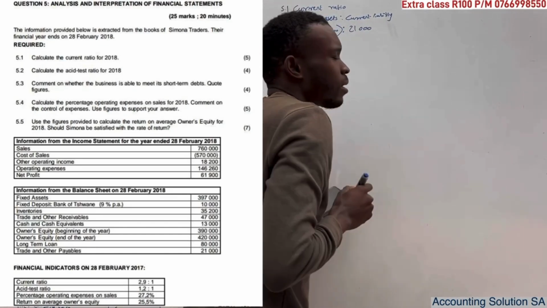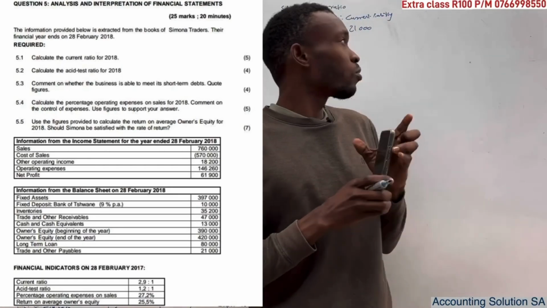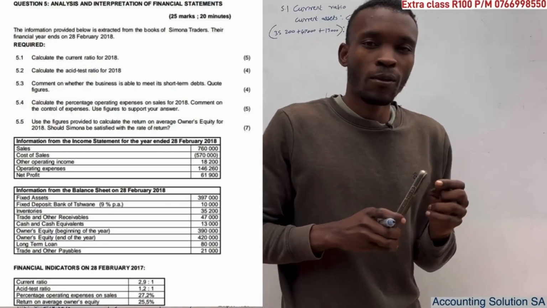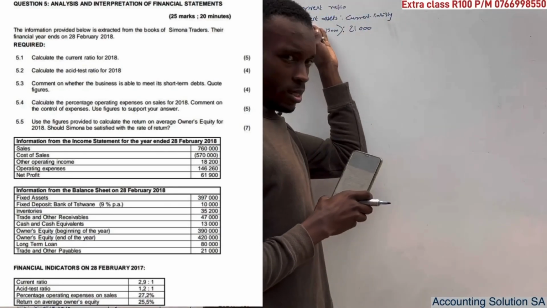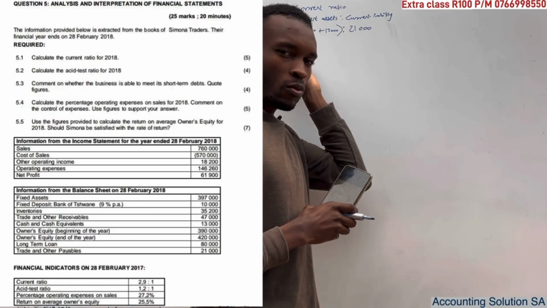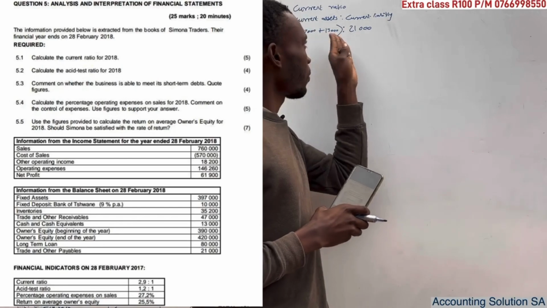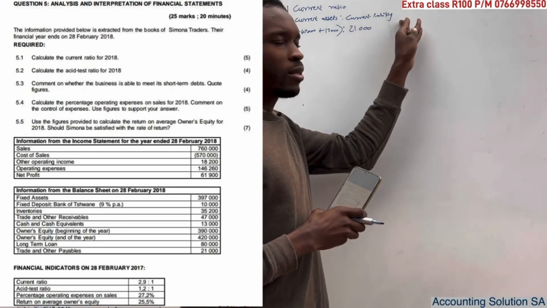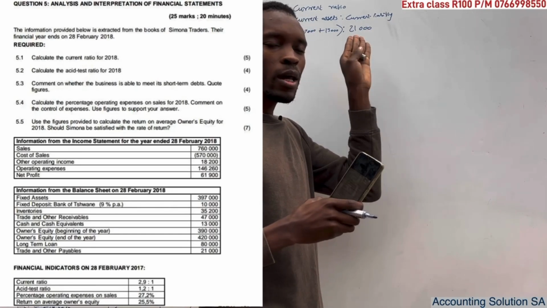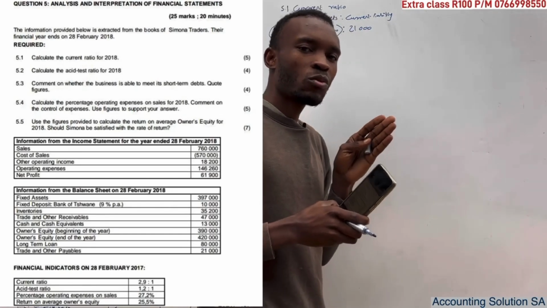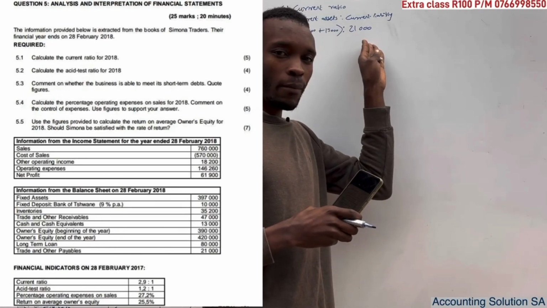Guys, without knowing the format of a balance sheet, this is going to be difficult for you. Under current assets, you will find inventory, trade and other receivables, and cash and cash equivalents. Under current liability, you find something like trade and other payables, current portion of a loan or short-term loan, or you find a bank overdraft.